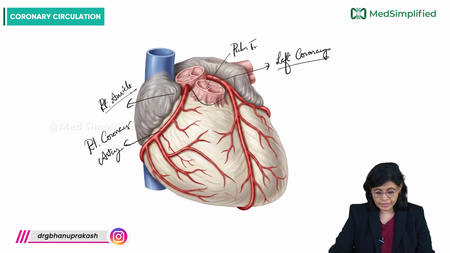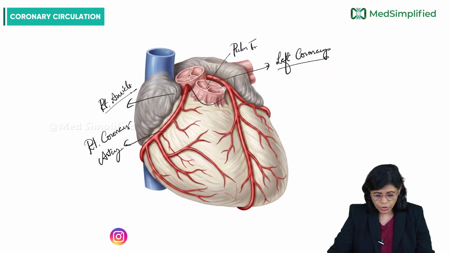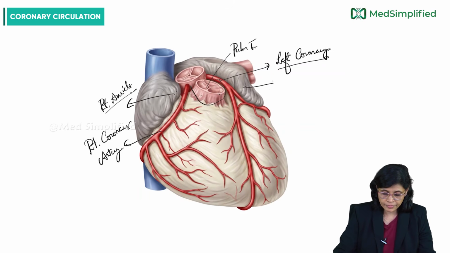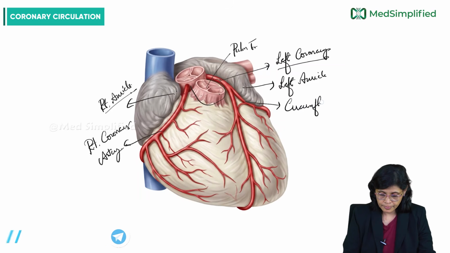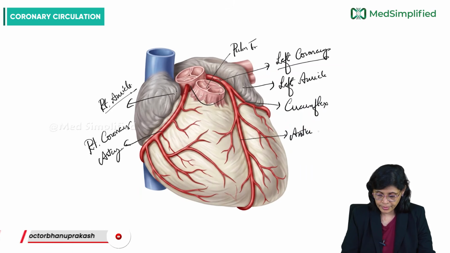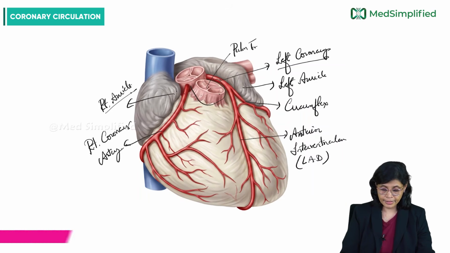Soon after it begins from the left posterior aortic sinus, it runs for a very short distance between the pulmonary trunk and the left auricle, and immediately divides into two branches, that is the circumflex and the anterior interventricular, which clinically we call the left anterior descending in clinical practice.